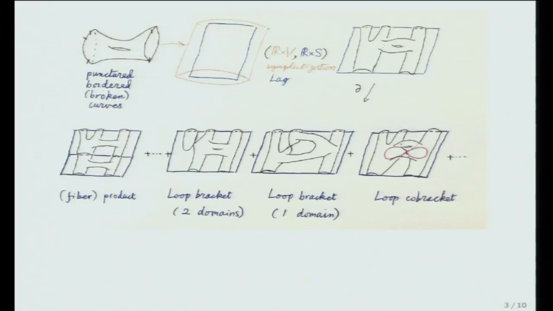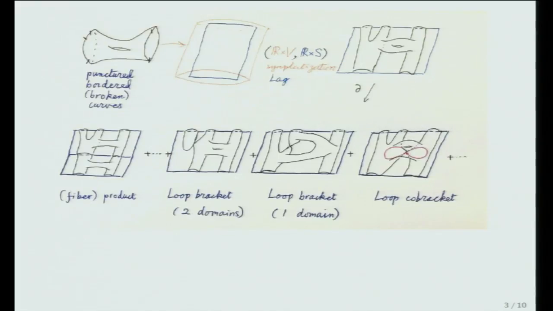The boundary of this can be decomposed into several terms. It can break into two levels, and you have a fiber product over two such things. There are also degenerations of domain complex structures, which give the loop bracket.